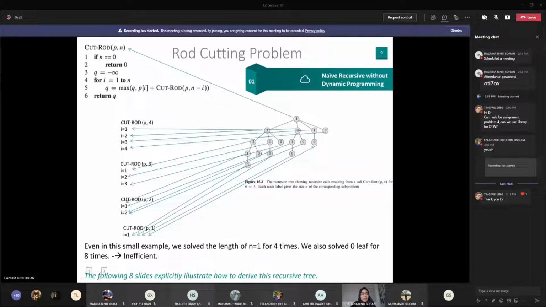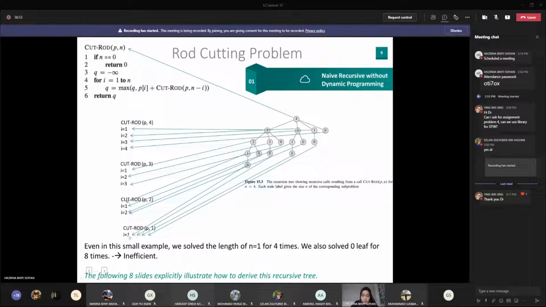The same thing. That is why we use dynamic programming. We just resolve one and put it in the table, so that if later we encounter a similar case, we can just retrieve it to save time. And the worst thing is we resolve the zero leaf 8 times: 1, 2, 3, 4, 5, 6, 7, 8.